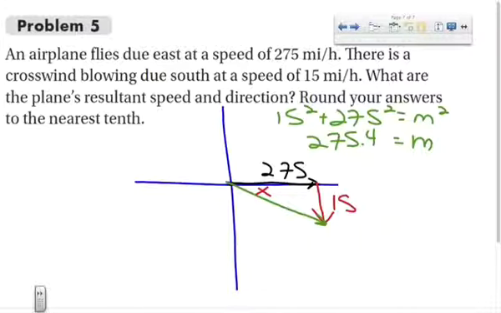The tangent. Of course, again, let me emphasize, because we now know the hypotenuse, you could, if you really, really wanted to, use sine or cosine. But again, I'd advise you against it. That 275.4 is an approximation, whereas the 275 and the 15 are exact. Okay, so tangent of x is 15 over 275.